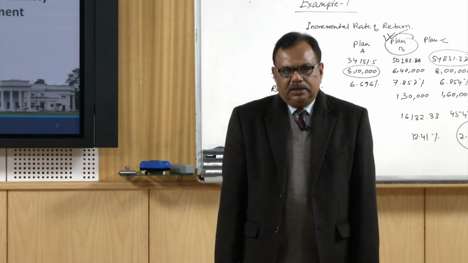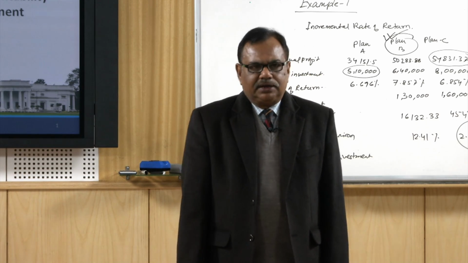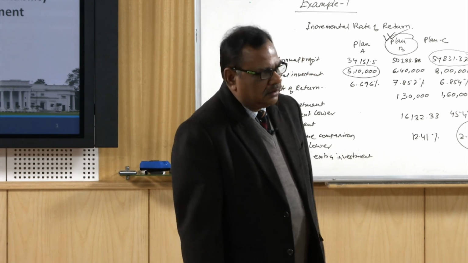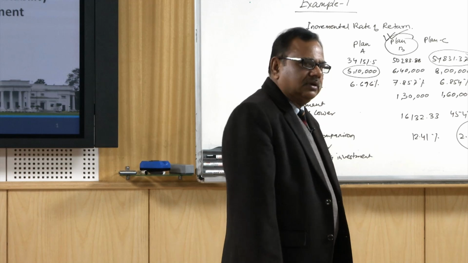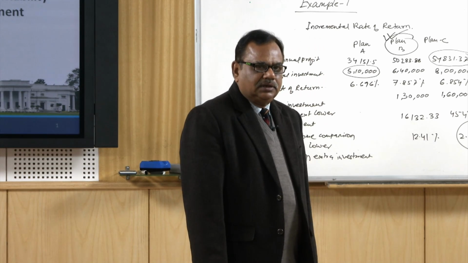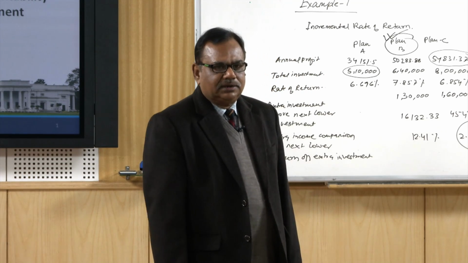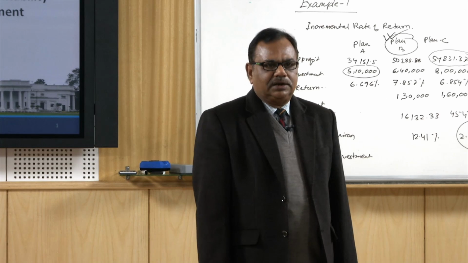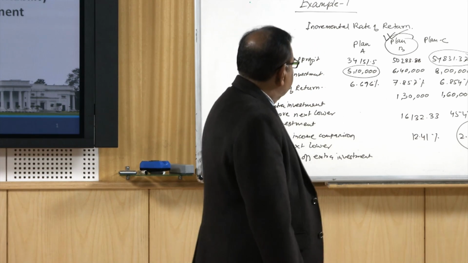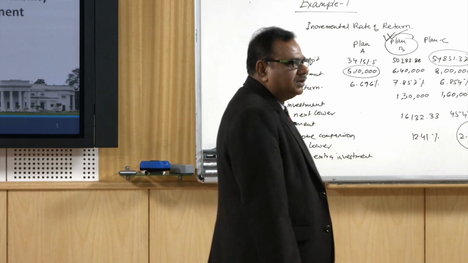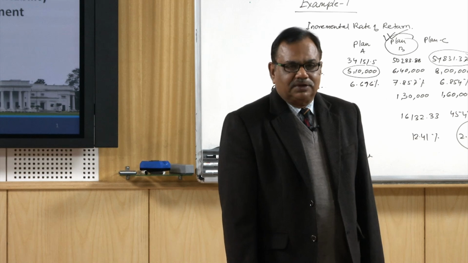So, where rate of return may confuse in many cases, when we do the incremental rate of return, it clearly comes out which plan is a better plan to invest. Thank you.